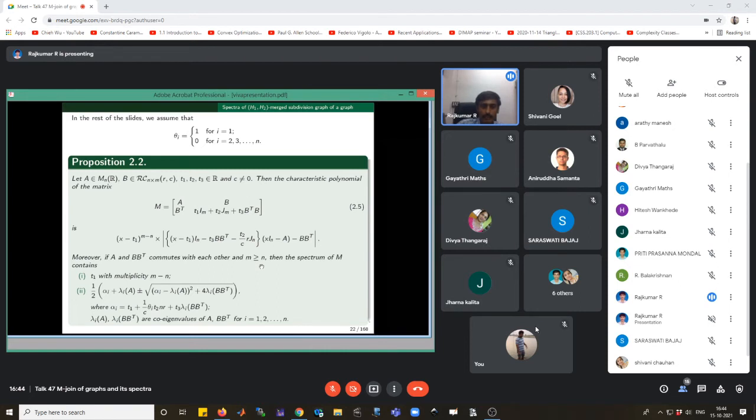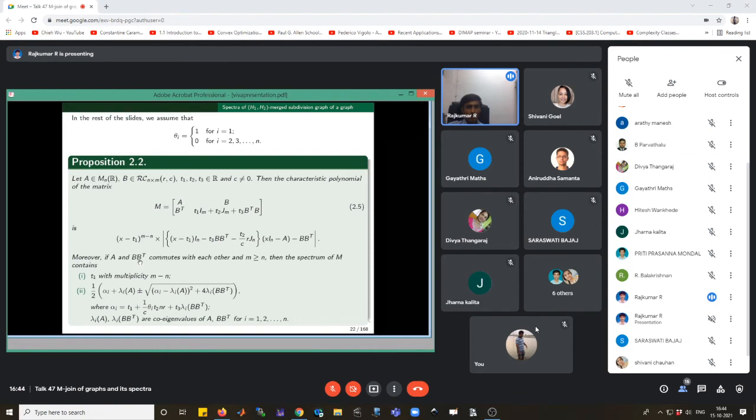Now, to find the spectra of these matrices, we first prove this proposition. Of course, I just state the result only. I am not showing the proofs because they would be very lengthy. I just summarize the results. If A is an n by n matrix and P is a matrix in this class, then the characteristic polynomial of this particular block matrix is given by this equation.